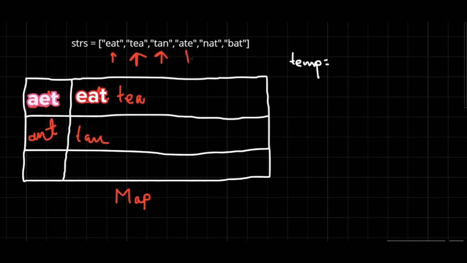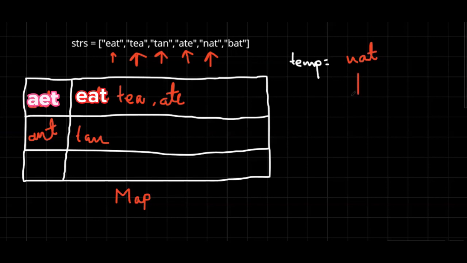Currently, the fourth string is ate. And if we perform the sorting operation, ate will become aet, which is already present as a key. So we have to store ate here. Now let's erase it. Now suppose we are on the fifth string, which is nat.